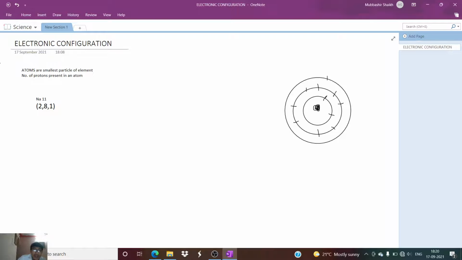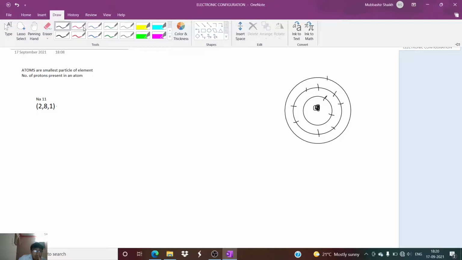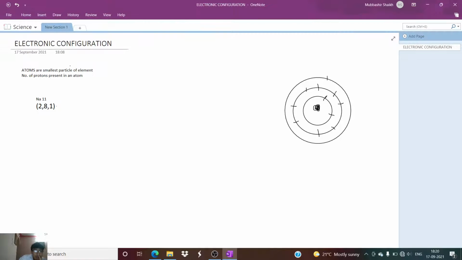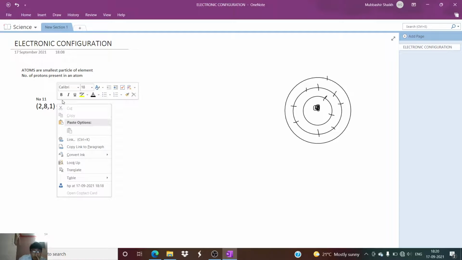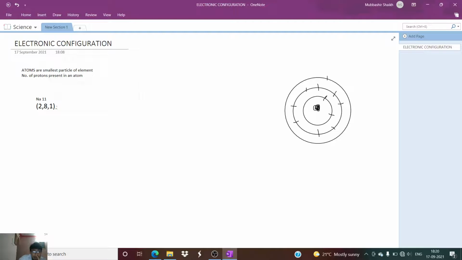There is one formula that can be used, and the formula is 2n square. So if the first shell is there, then n is equal to 1.